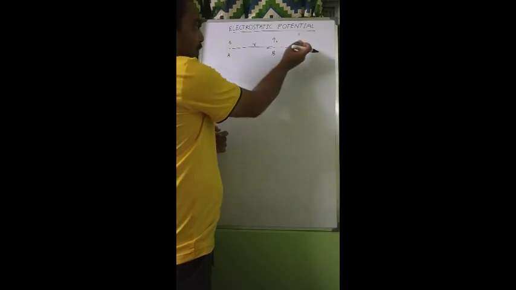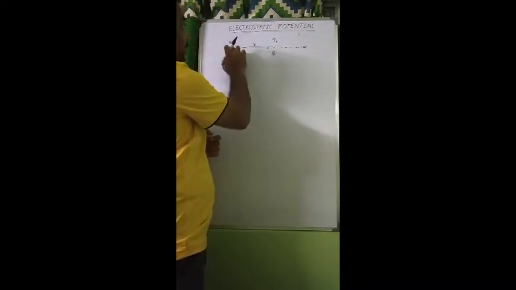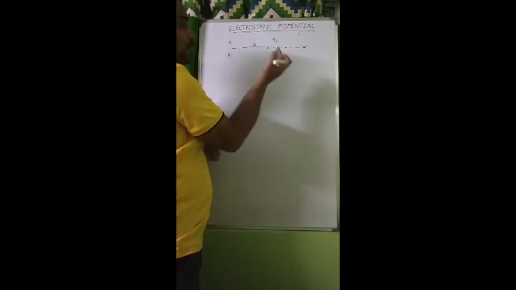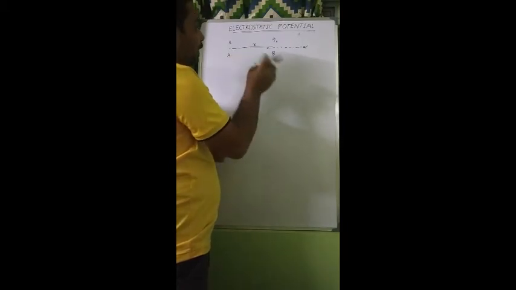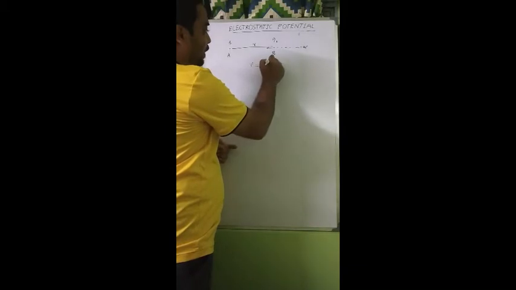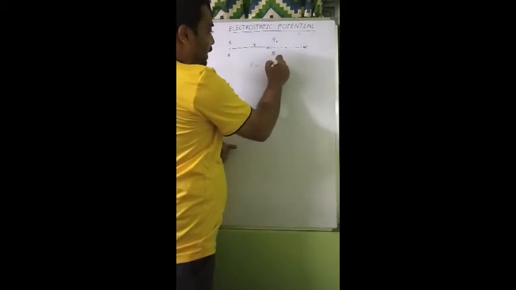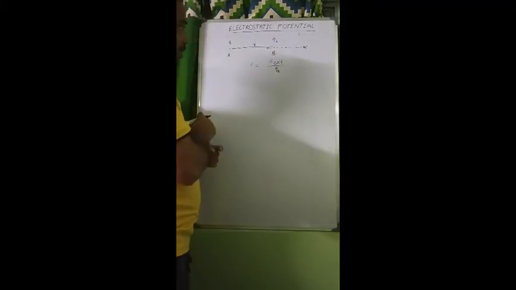That force, bringing this charge Q naught from infinity inside the electric field due to this charge Q, will be the external force. If we consider the work done due to the external force, then the potential V will be equal to the work done due to the external force on this charge Q naught. That will be the electrostatic potential.